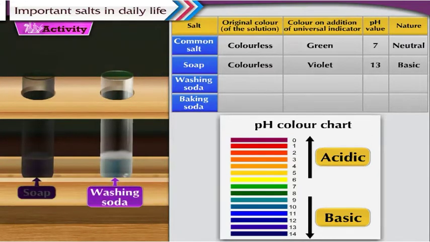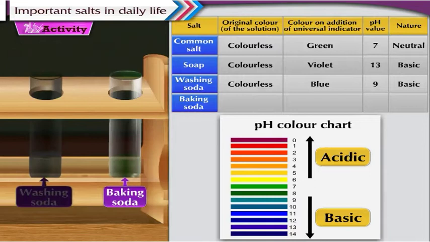The solution of washing soda is originally colorless. On addition of the universal indicator, its color changes to blue. On comparing this color with the pH color chart, we find that the pH of washing soda solution is 9. This indicates that the solution of washing soda is basic.